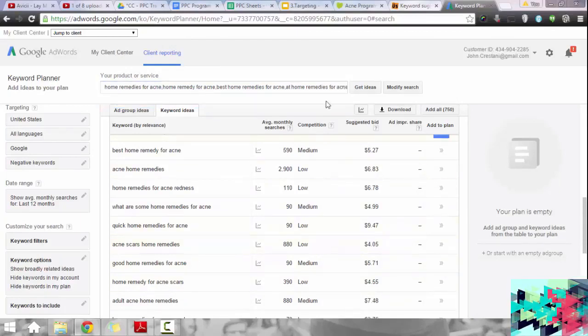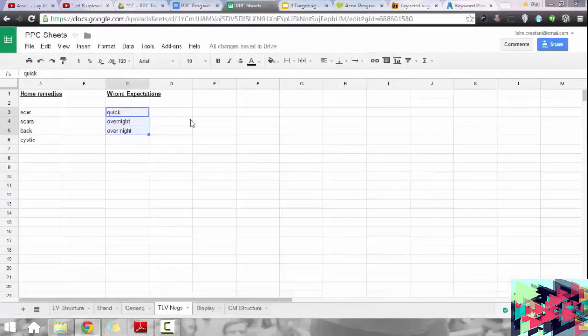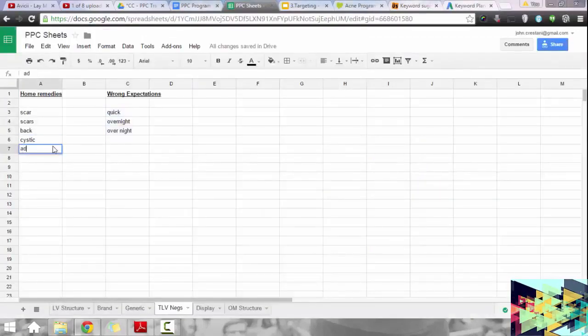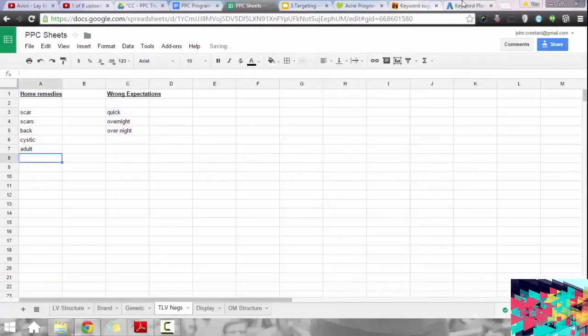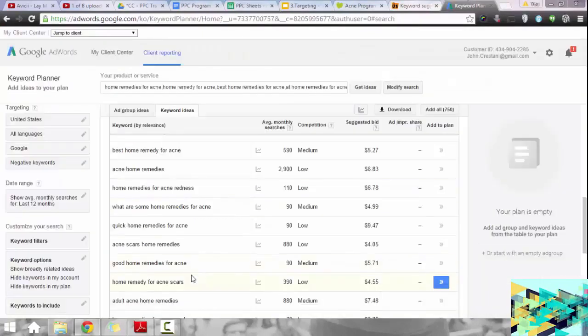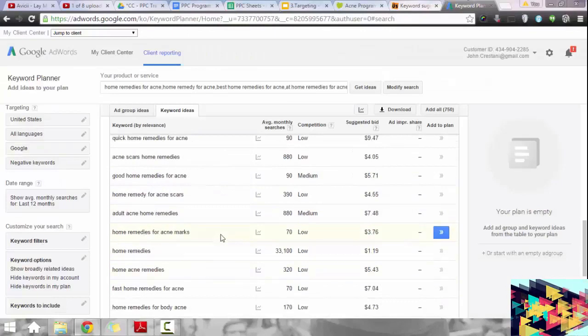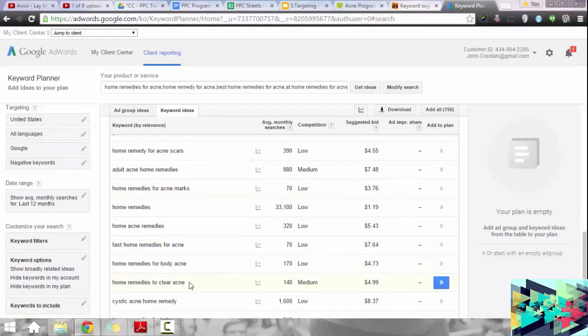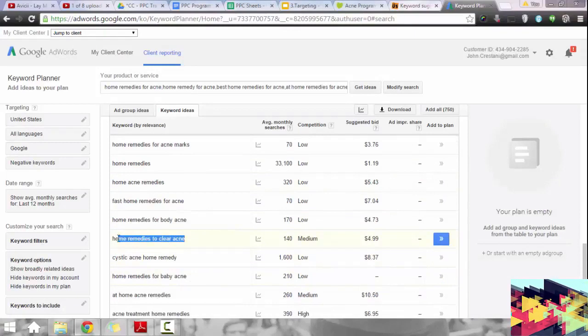Adult acne home remedies. So let's say, I'm going to try to keep those adult acne things separated out into their own group. Maybe as a business owner, I believe adult acne has to be addressed differently. Home remedies to clear acne.